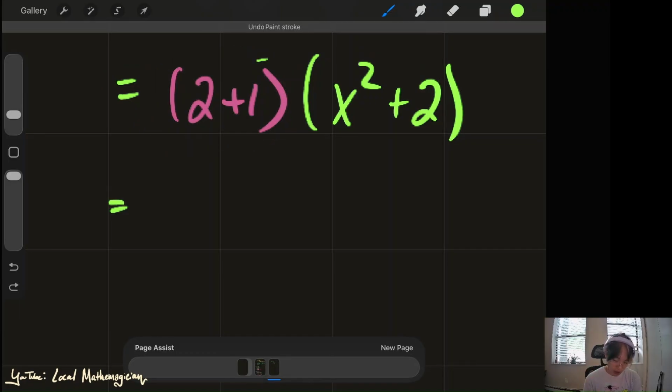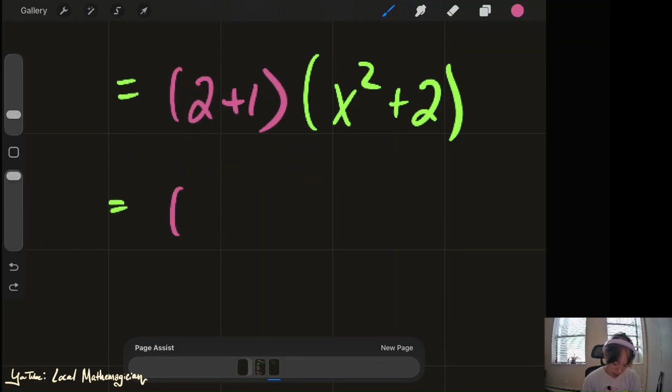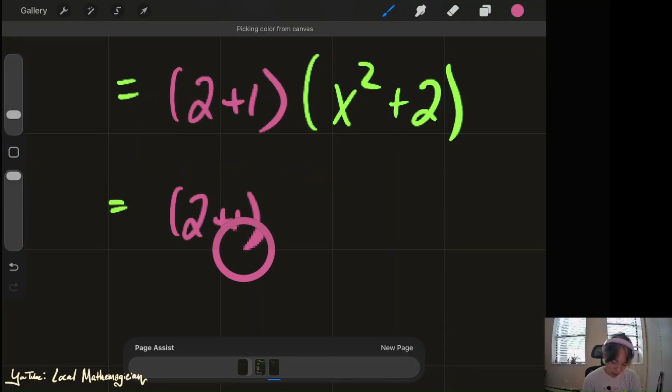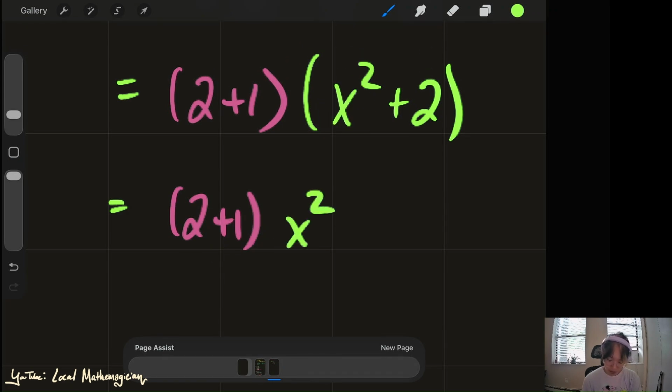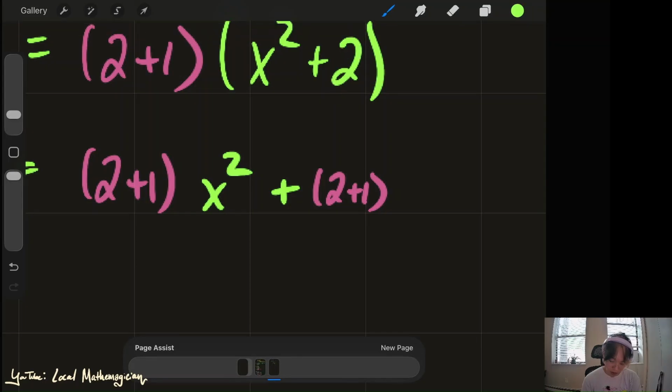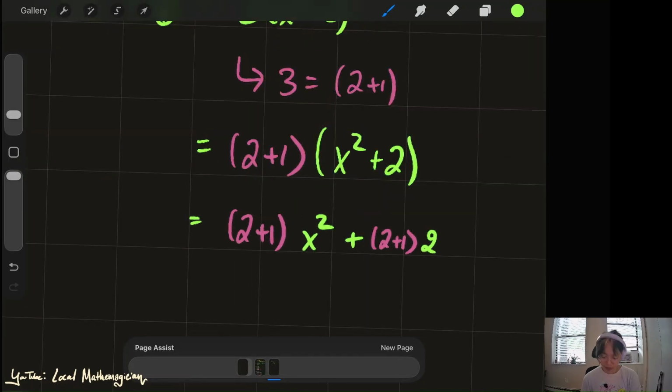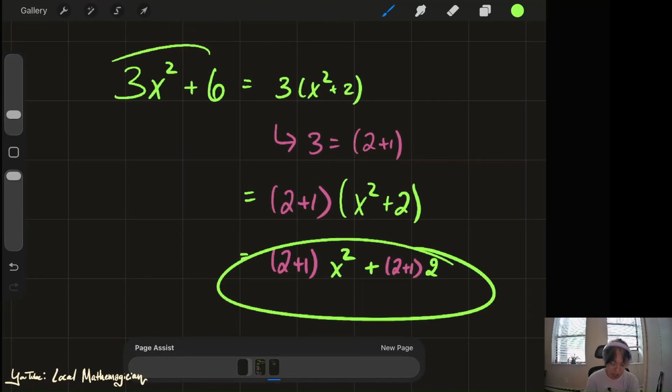You distribute this whole thing here, that is to say 2 plus 1 times x squared, plus 2 plus 1 times 2. These are the same, yeah?